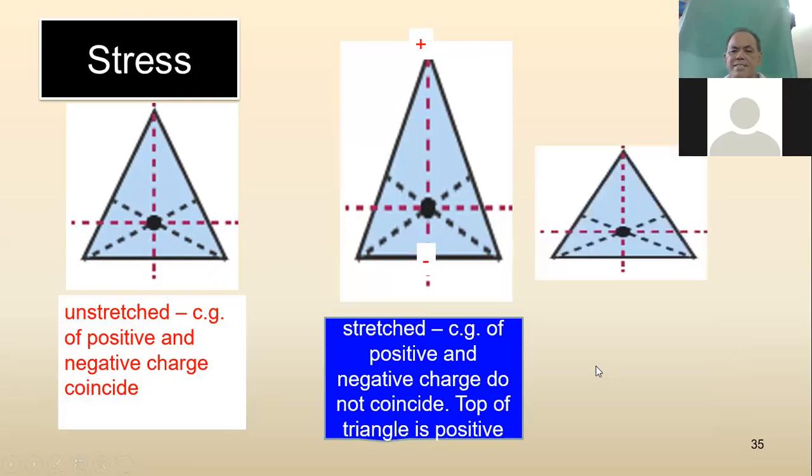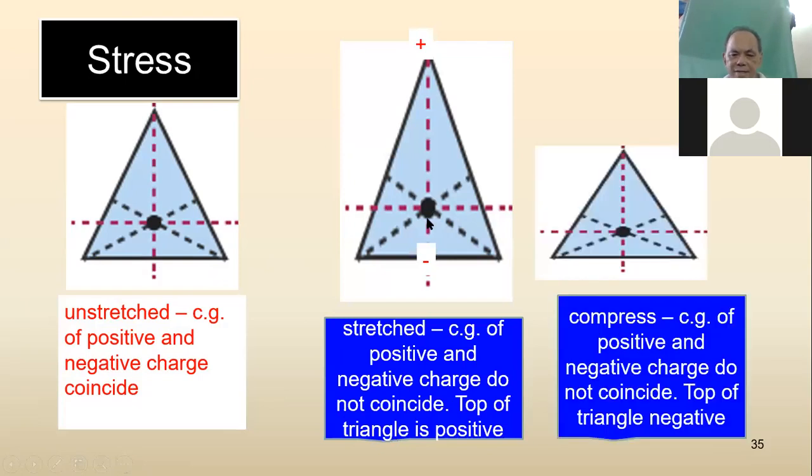Or when you compress it, the same thing, you're pushing the positive down. The top is still negative, so the positive and negative charge do not coincide. Now the positive is at the bottom, and the top becomes negative. That explains why we have a change in potential difference across the crystal.